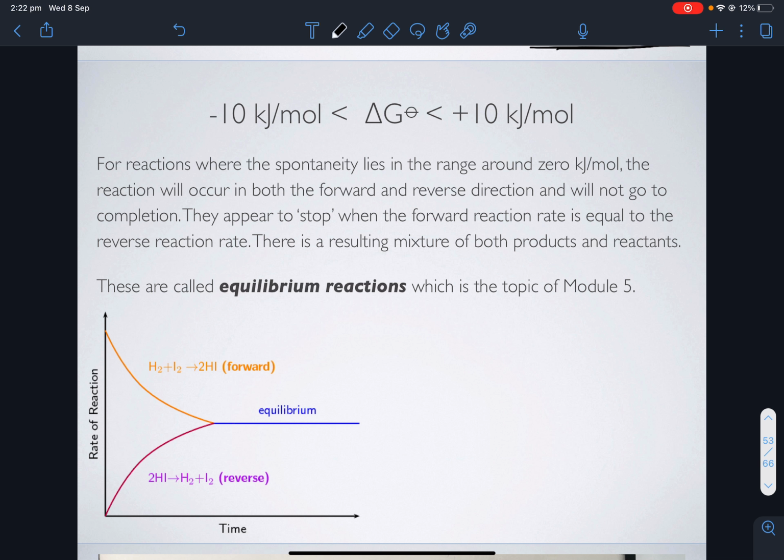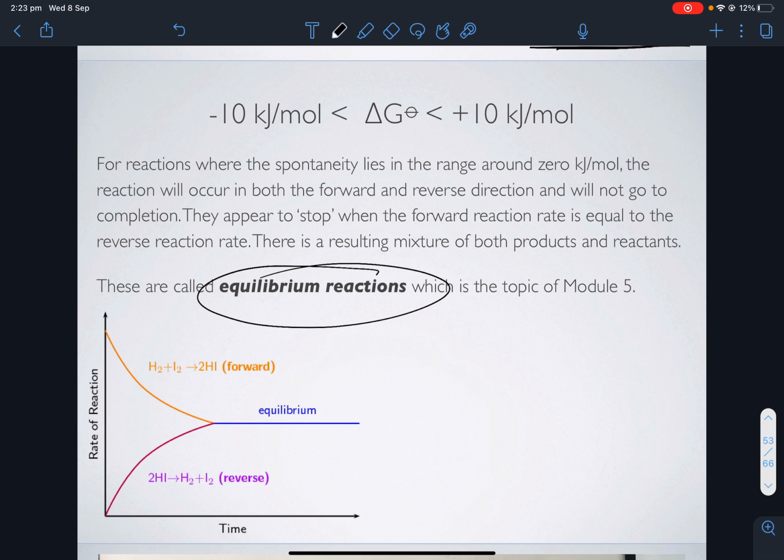We give these a special name called equilibrium reactions. They have this funny thing where the forward reaction and the reverse reaction happen all in a mixture, and it seems to stop.